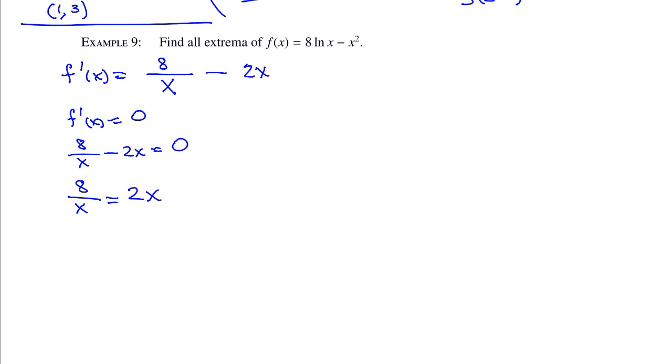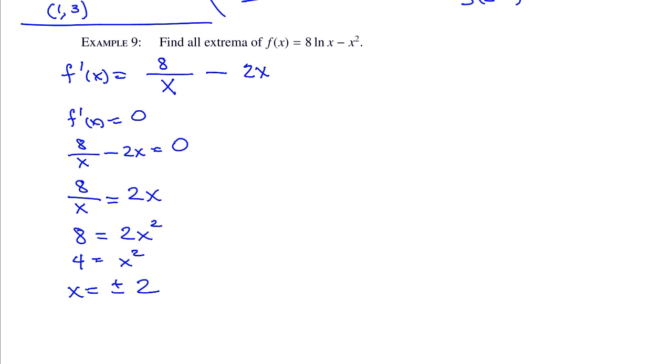So the x goes to the right side. And we get 8 is equal to 2x squared. Next, divide by 2. And we get 4 is equal to x squared. And then you could either factor, or you can just take square roots and remember to use plus or minus. This would be plus or minus 2.